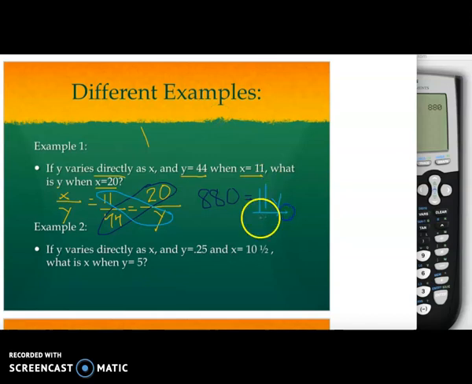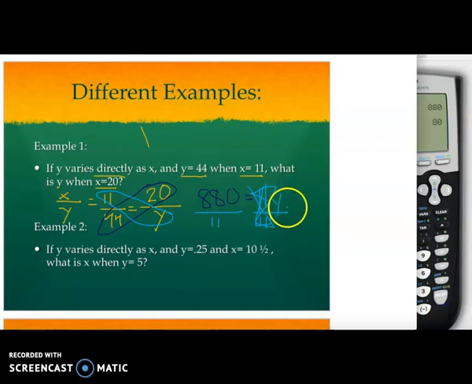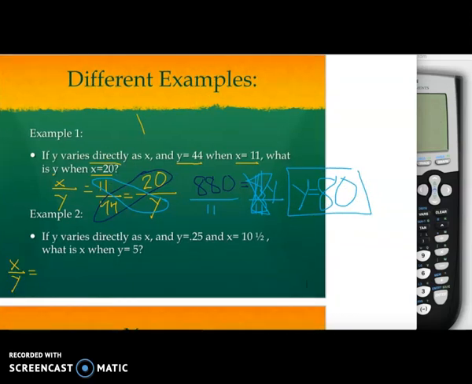To get the y by itself, I divide by 11 on both sides, because now the 11 is canceled out, and I'm just stuck with my y. 880 divided by 11 equals y. And so I know that y equals 80. Done. That's it.